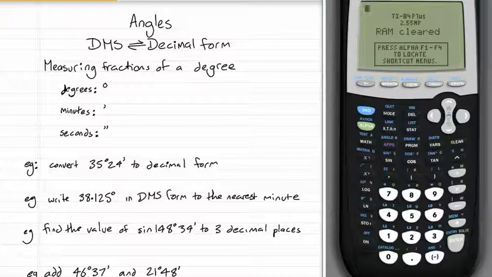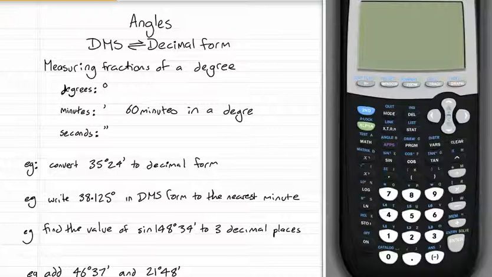There are 60 minutes in a degree and 60 seconds in a minute. So it works just like time.